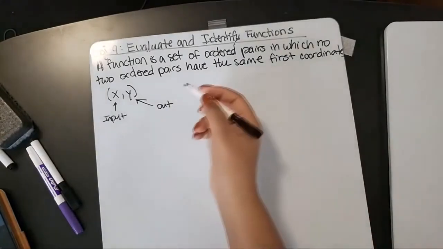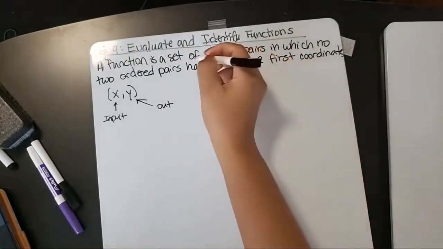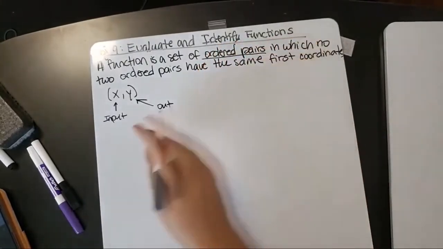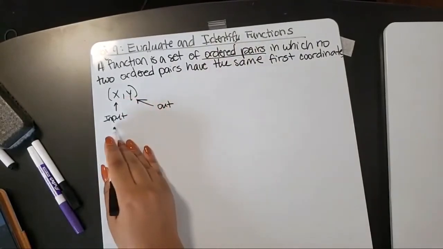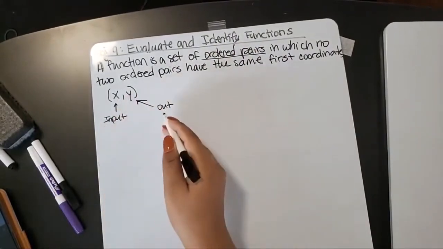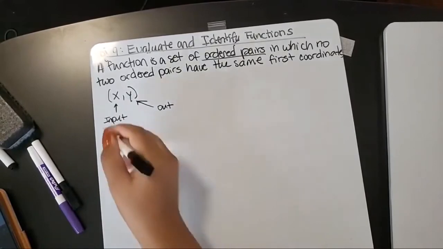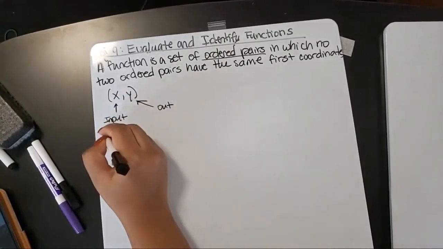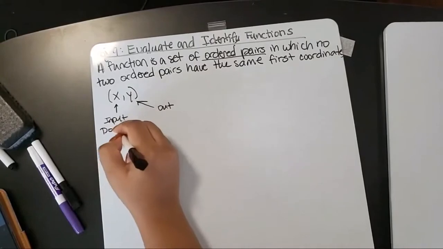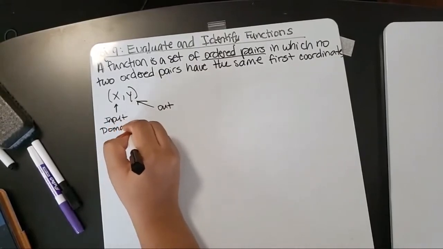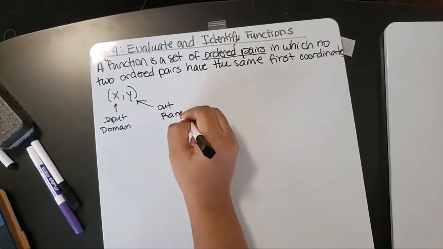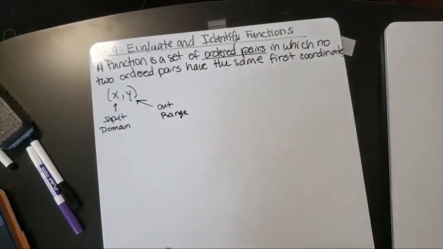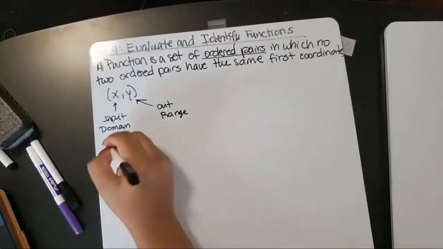So a function is a set of ordered pairs, right? With the ordered pairs, all of the x's are the input, and all of the y's are the output. All of the x's can also be called the domain, and all of the y's can also be called the range.